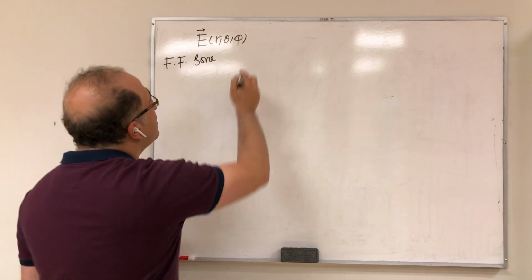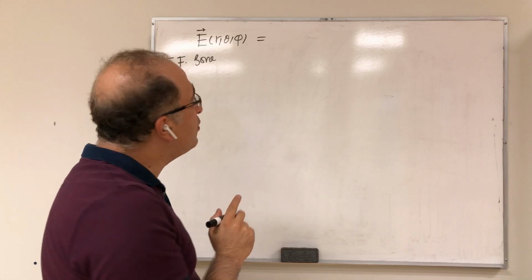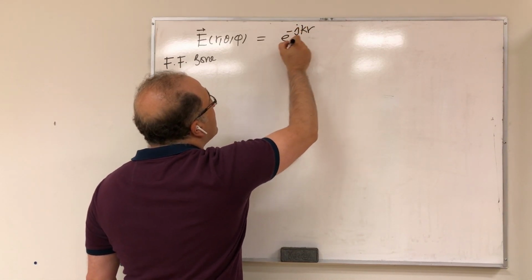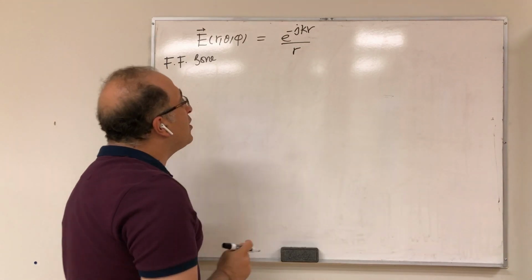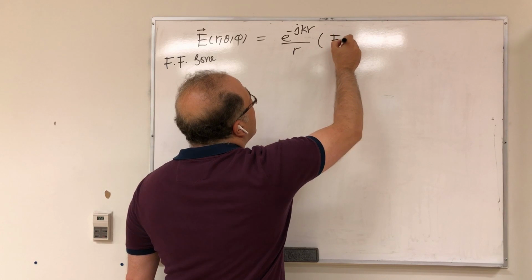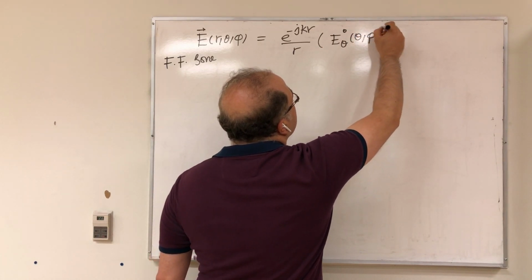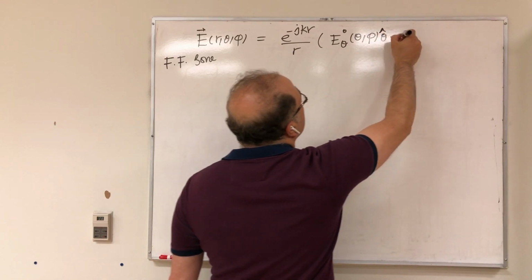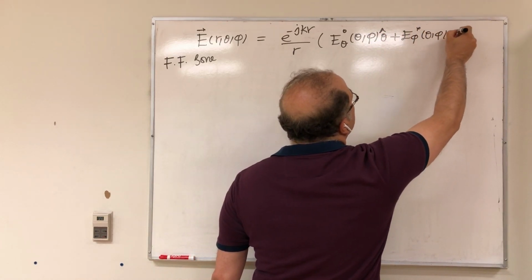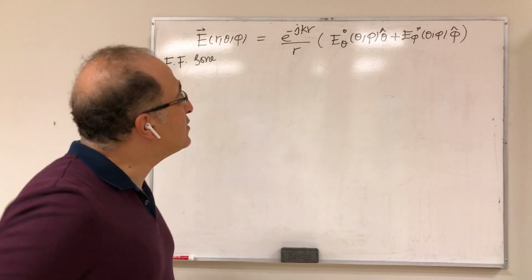In the far field zone, we did not have an R component, and the R dependency is in the form of e to the power of minus jkr divided by R, and then we had only the angular dependency, E theta naught, theta and phi, theta hat, plus E phi naught, theta and phi, phi hat. If you don't remember that, look at the previous video.